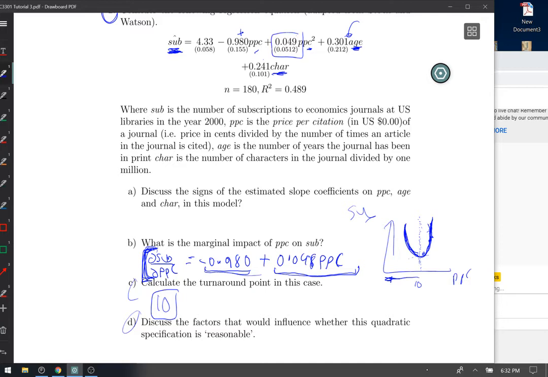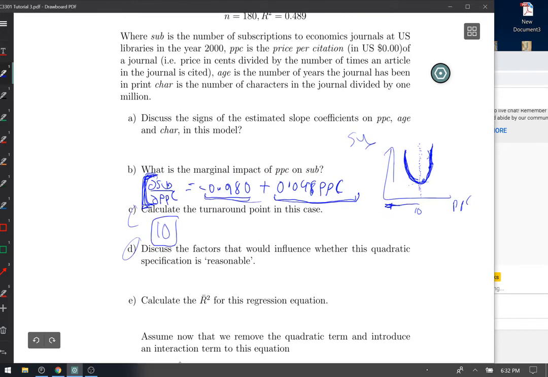So there's not really much evidence to reject the hypothesis that there is no quadratic relationship. Namely, we can't find strong evidence that there is this quadratic relationship. In which case, this issue of the turnaround point would be irrelevant, because it would just mean there's not really any evidence to support a turnaround point at 10. So that's another way you could see it.